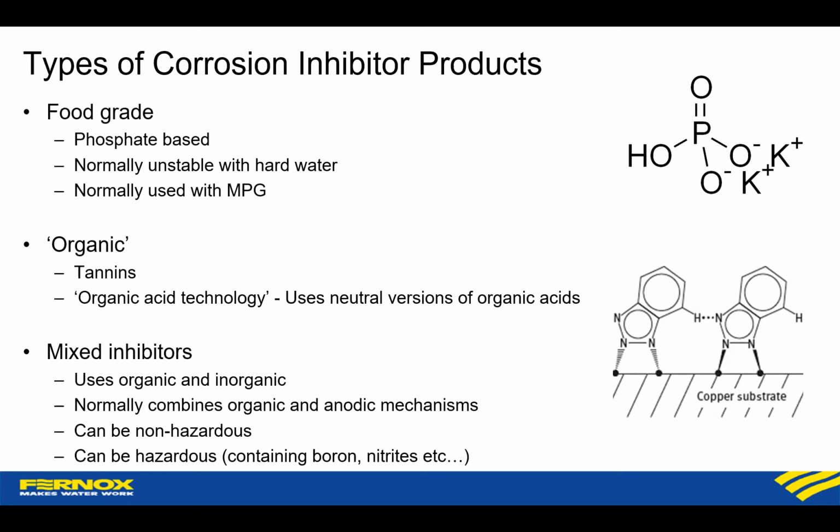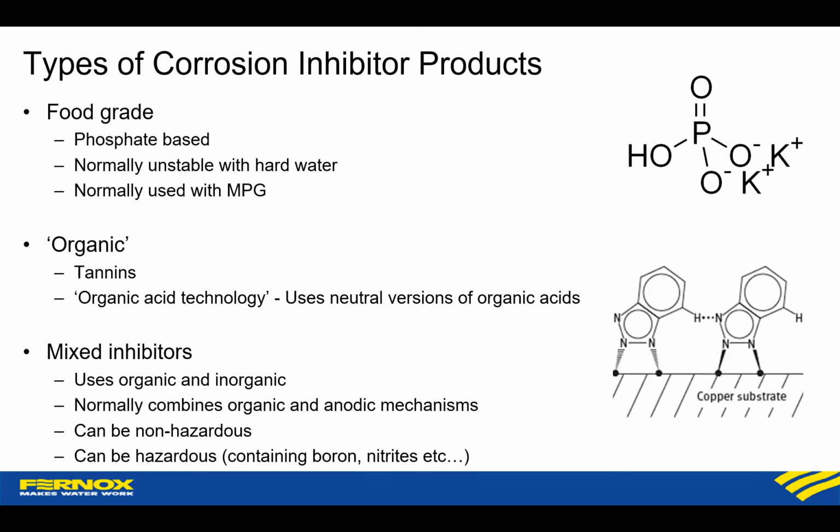When we first looked at the North American market, there were a lot of food grade inhibitors. What these seem to be is largely just potassium phosphate. You'll often find various states and various cities sometimes specify these or don't allow anything but food grade inhibitors.